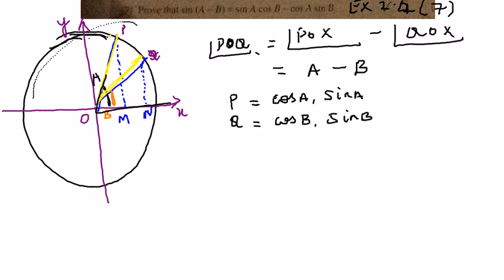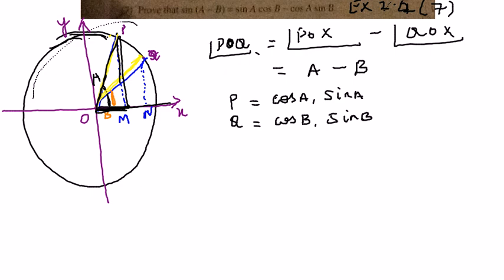So why for P it is cos A is because if I take this particular right angle triangle which has an angle A, cos theta is adjacent by hypotenuse. So the adjacent takes the x coordinate, right? So OM, and this is the adjacent side.